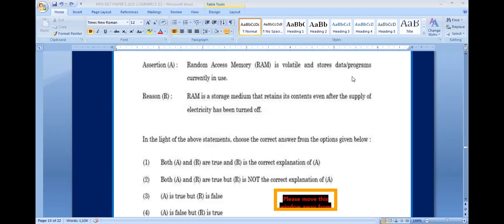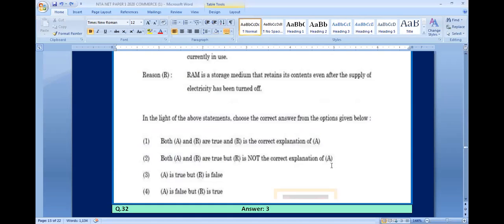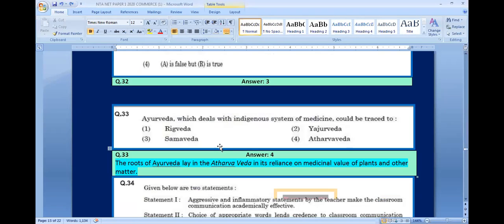Is that true? Yes, the reason is false. RAM forgets everything once you turn off the power. So A is true, R is false.